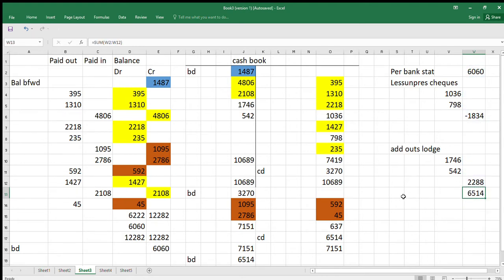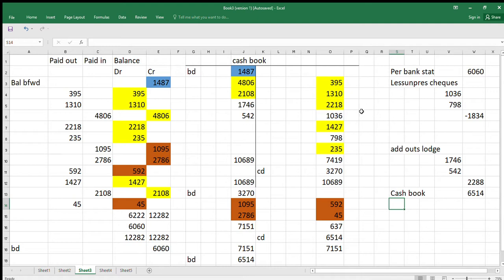And actually, here's our cash book. He didn't ask us to do a bank reconciliation, but we could, if we felt like it, just test whether we actually added up or not. So there we go.